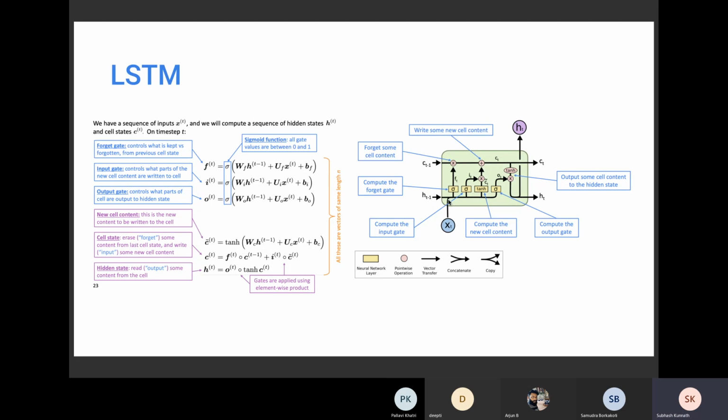This is the concatenation of the previous hidden state and the input. And there is an output gate here, which determines how much of this cell state needs to be passed to the hidden state.